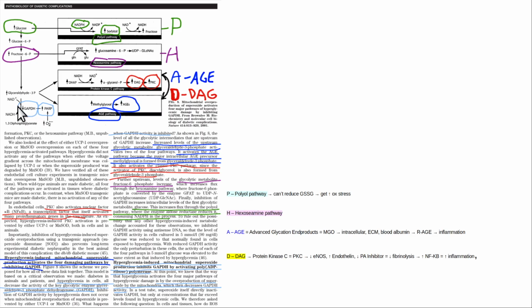Once this becomes inactivated, the things proximal to that within glycolysis will start to accumulate. Glucose accumulates, and it gets run through the polyol pathway. Fructose 6-phosphate accumulates, and it gets run through the hexosamine pathway.